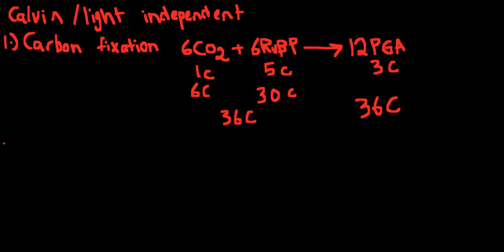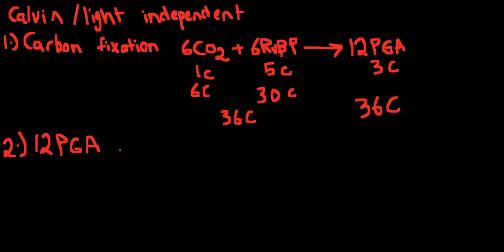The second step in this reaction is kind of complicated, but I'm going to just give you the end product of it and what's happening, the bigger picture. So in the second step, you're taking these 12 PGAs that we made, and you're going to phosphorylate them and you're going to reduce them.